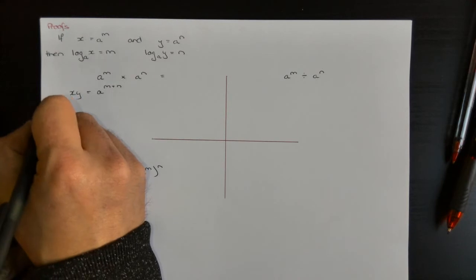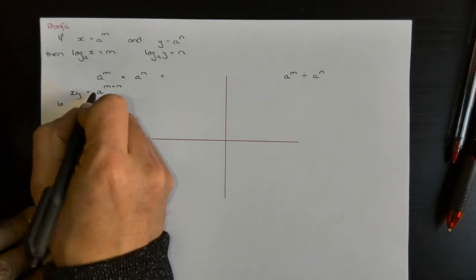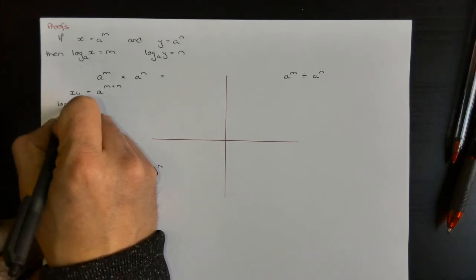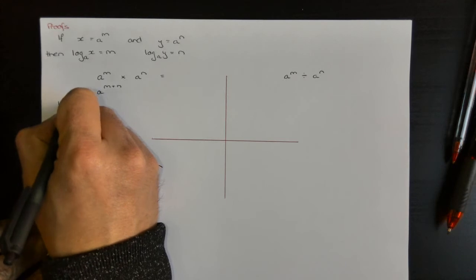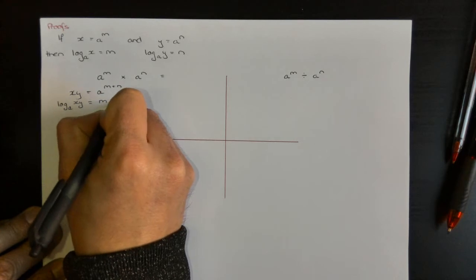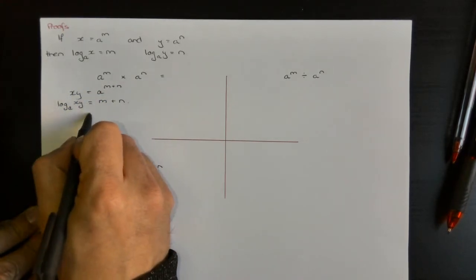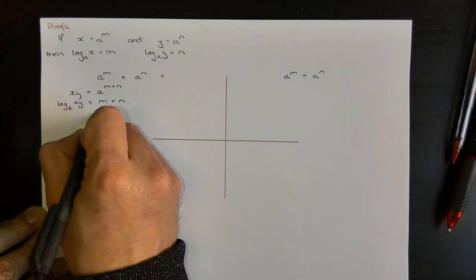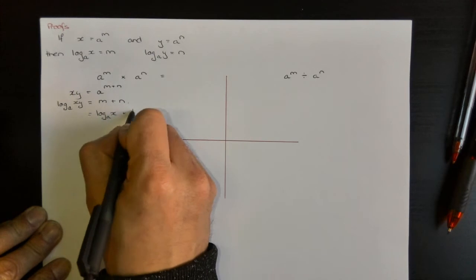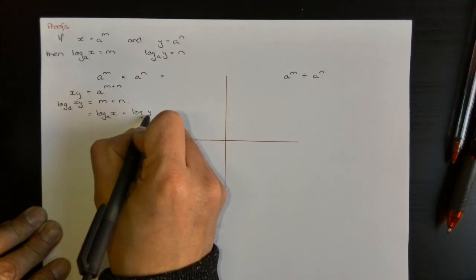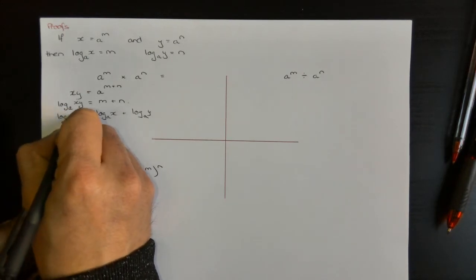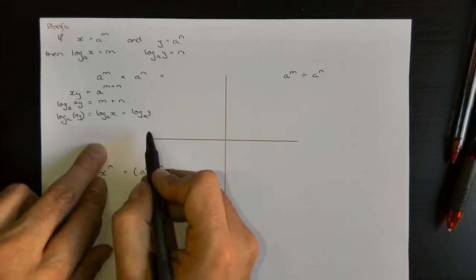Now, if we wrote this in log form, you'd get log, there's your base a, there's your answer of xy, and that's equal to your index m plus n. In this situation, m is equal to log x base a, and n is equal to log y base a. So the log of xy base a is equal to the sum.